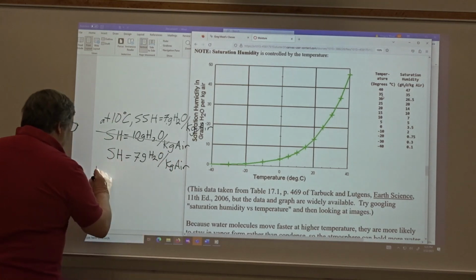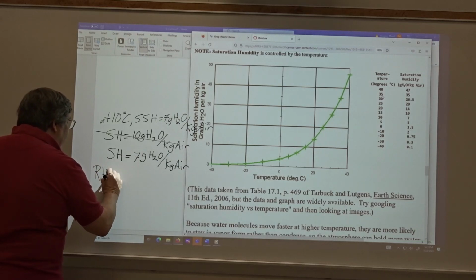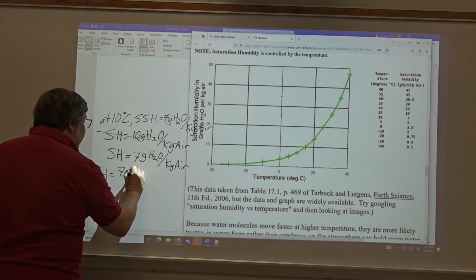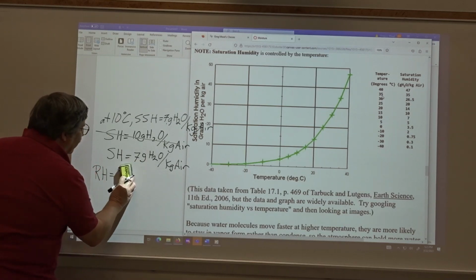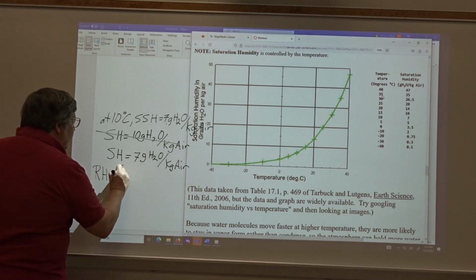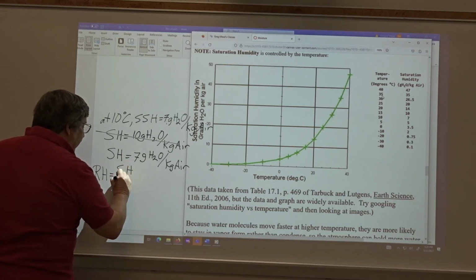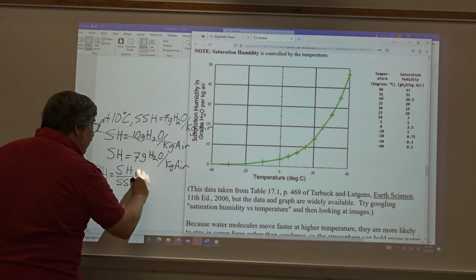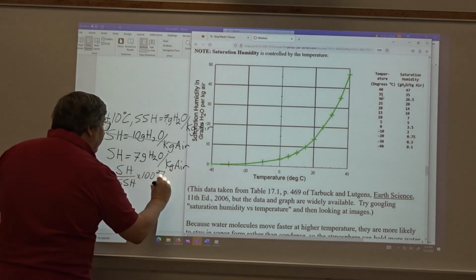And that means that your relative humidity equals the specific humidity divided by the saturation specific humidity, times 100%.